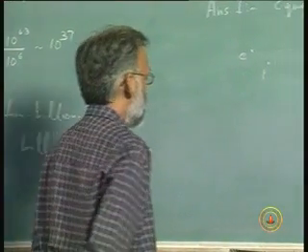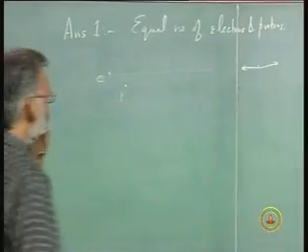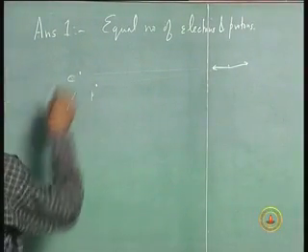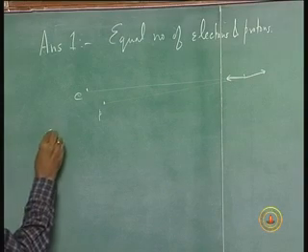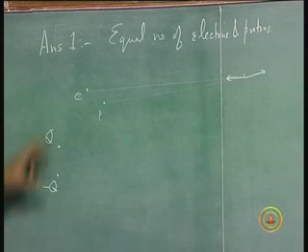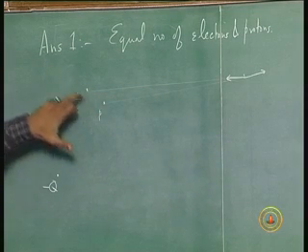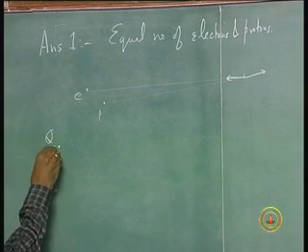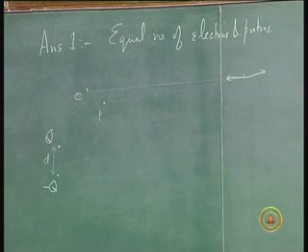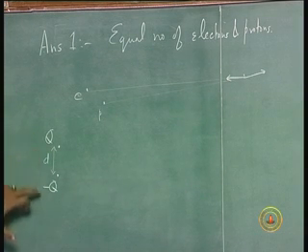Well, there is a problem with that argument, and to see that problem, let us work out what happens in such a case. Supposing I have a charge q and I have a charge minus q, that is, I am thinking of the proton and the electron, and they are separated by a distance d. I want to know what is the field due to this proton and electron combination far away.